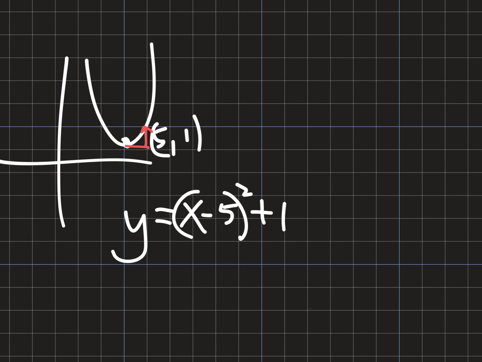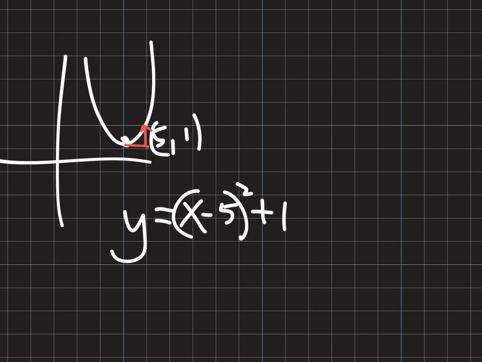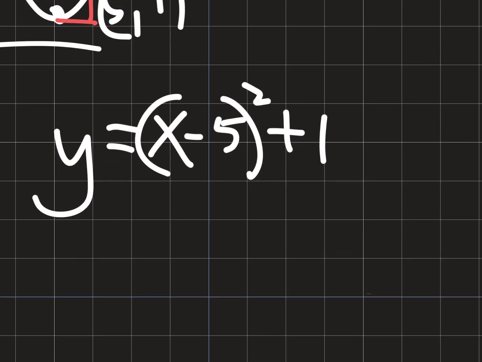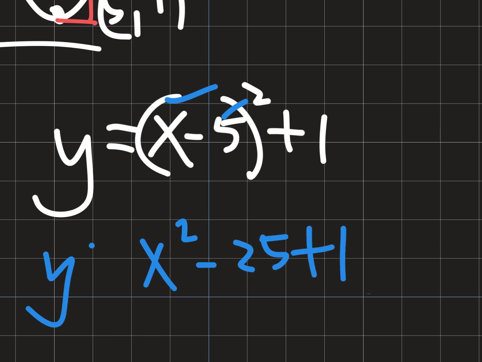Now, what would be really sad, but a good try, would be some kid going, oh, I'm just going to square this, and so it's x squared minus 25 plus 1. No, something went tragically wrong there. That's not it.